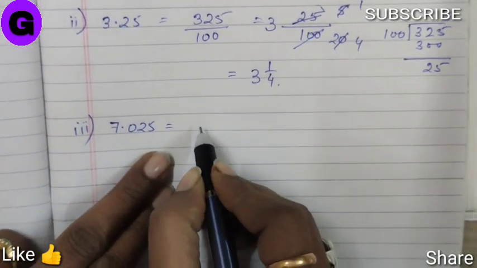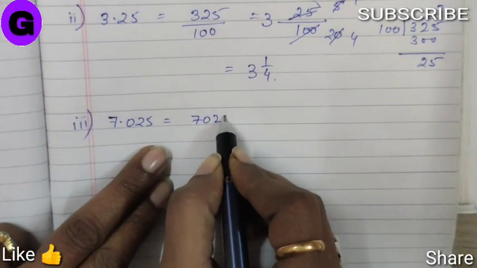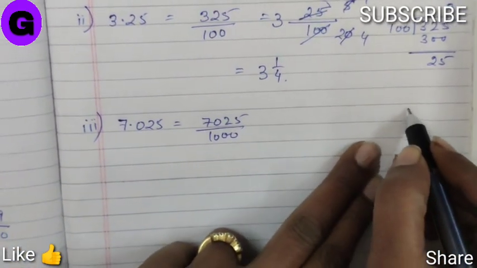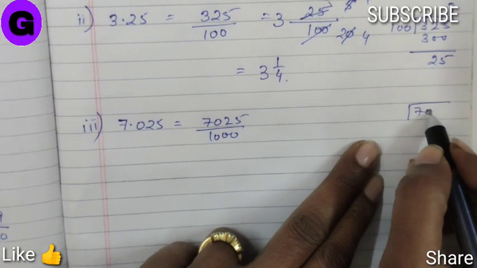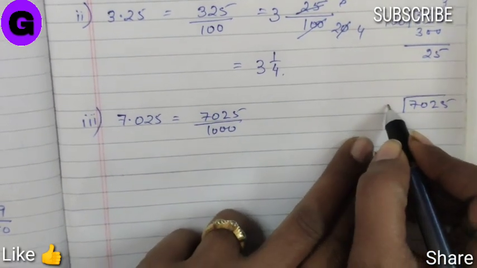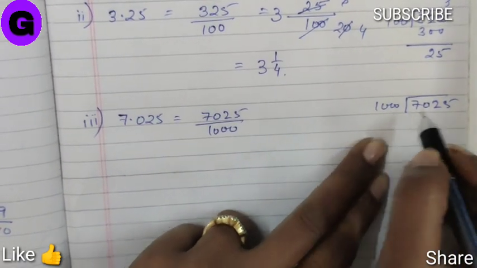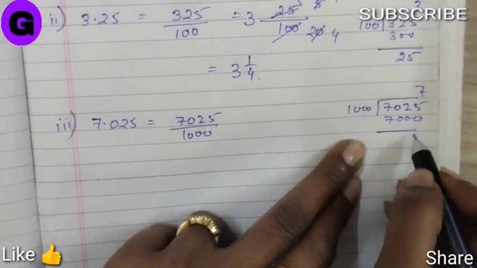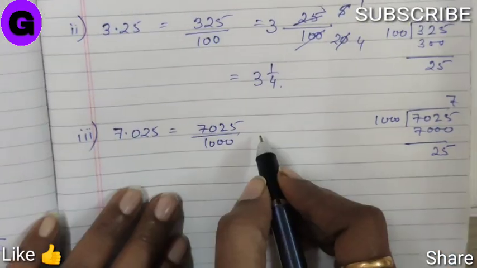7.025 means 7025 by 1000. So let us divide here. 7025 by 1000. 1000 sevens are 7000. Remainder is 25.